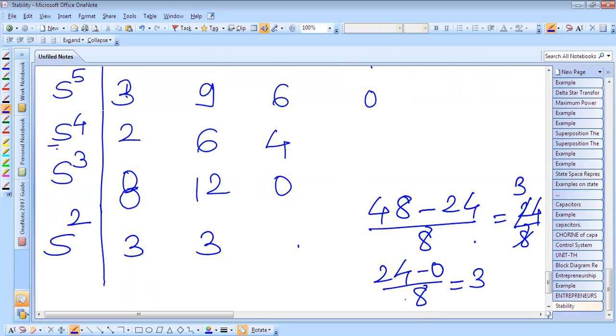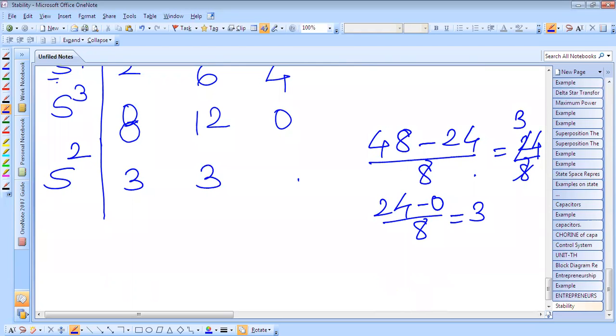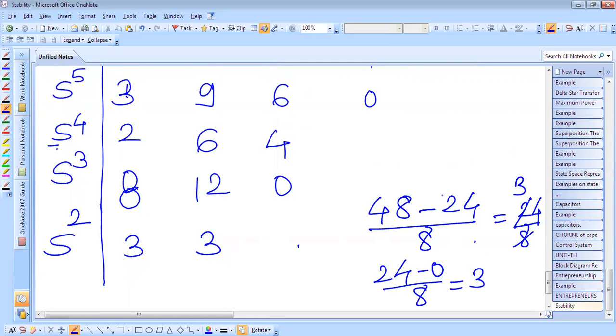Sorry, this is not 48, mistake is there.